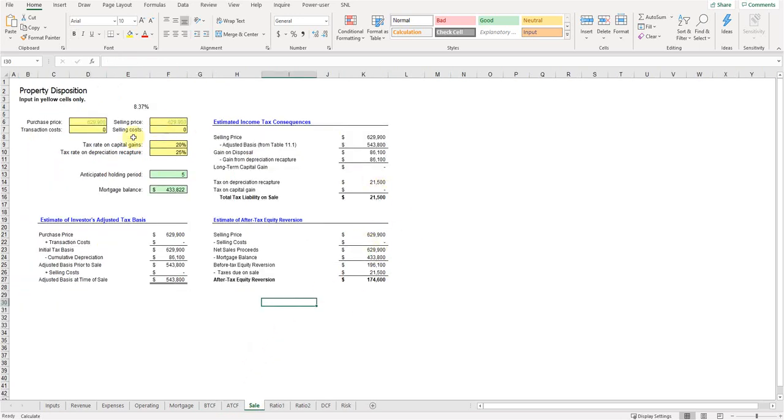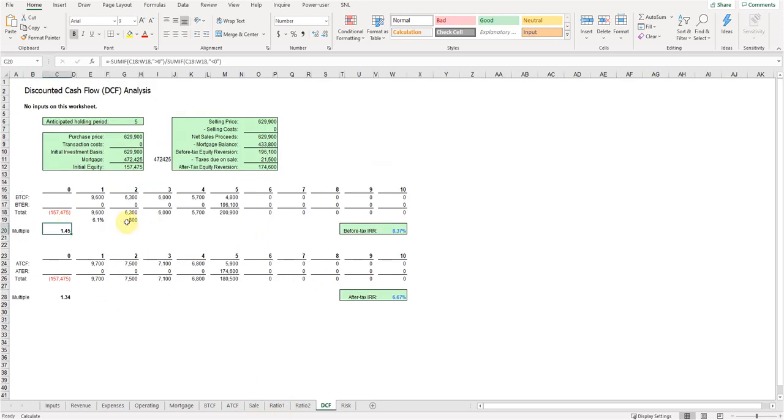And then our sale calculates our sort of before and after tax value transaction costs. These are both zero because I like to include those in the purchase price and the sale price. So a DCF, so the before tax basis is about an 8% return at this purchase price.